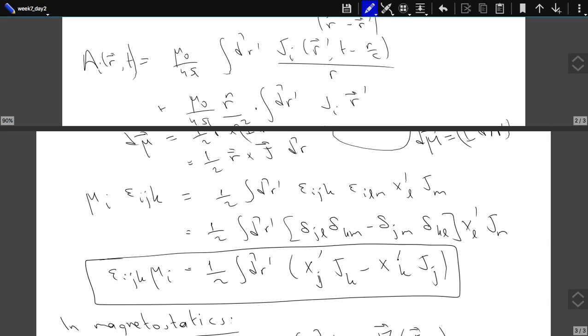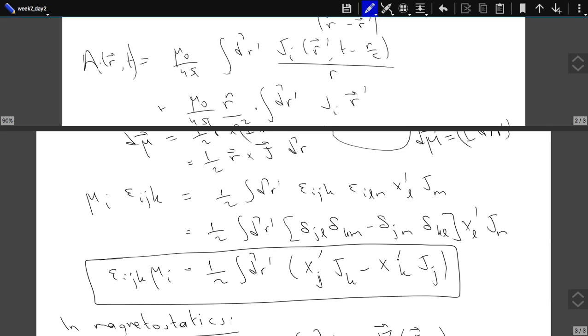Multiply product of x_j′ multiplied with j_k. I can write it in terms of the magnetic dipole moment. Look at that second line over there. That is what I have. If you look at the components of that thing, it's just j times x′. And I was kind of done expressing everything in terms of the magnetic dipole moment. This is what we did in magnetostatics.